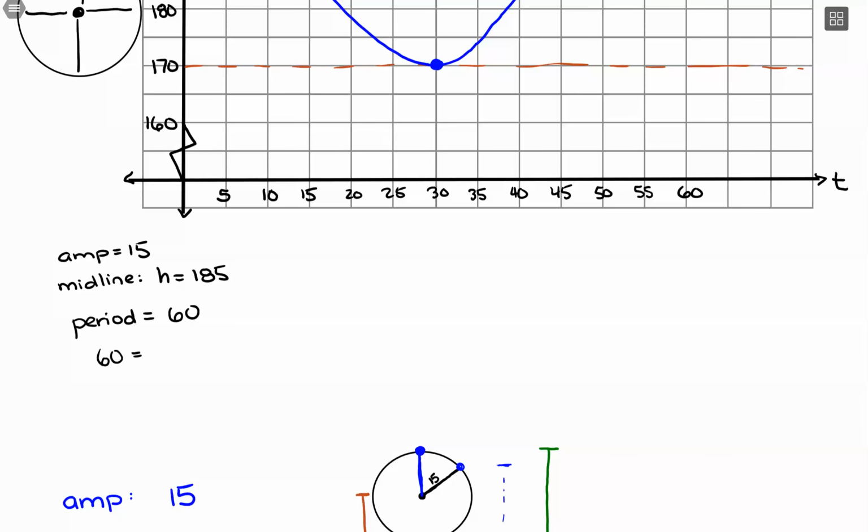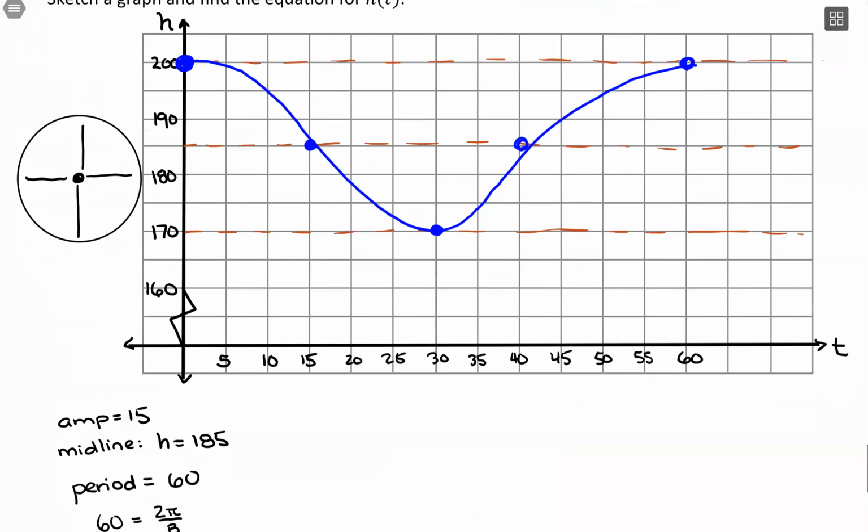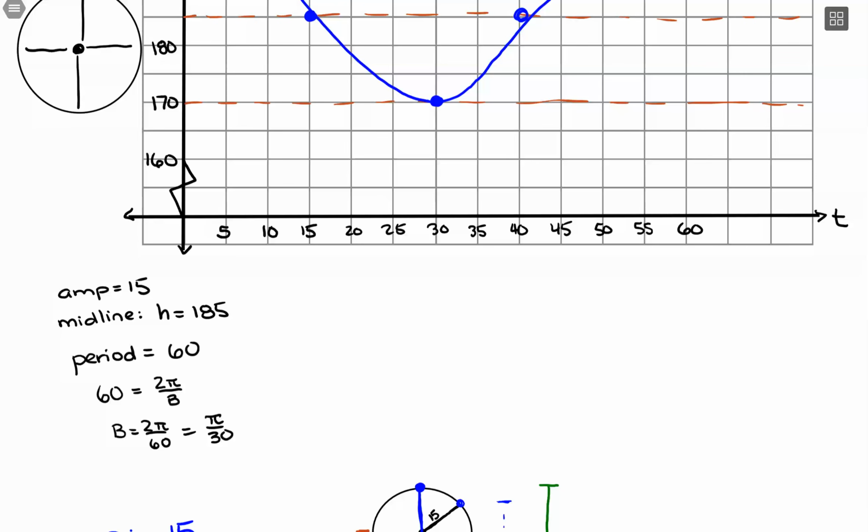So 60 equals 2 pi over b, which means b is equal to 2 pi over 60, which would be pi over 30. And then in terms of phase shift, well, this is set up so nicely for our cosine function, starting at the peak, dipping down, going back to the peak. So I'm just going to use cosine, so with that there's no phase shift.